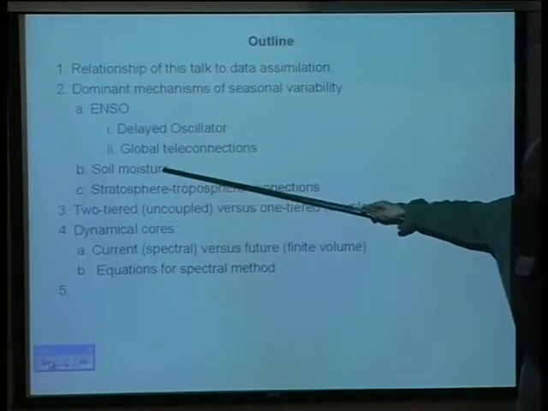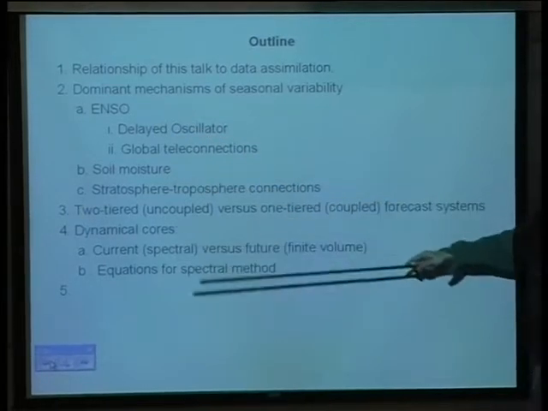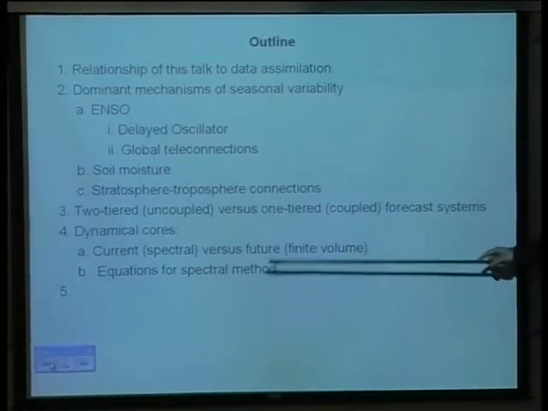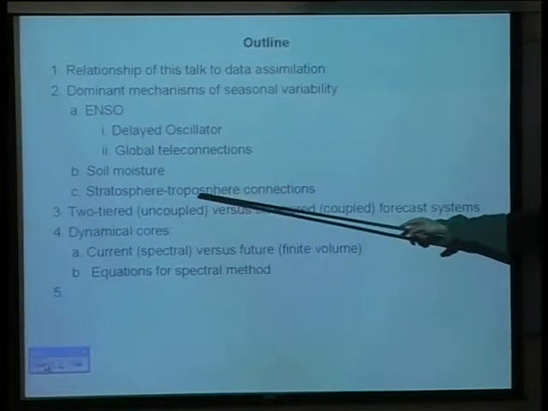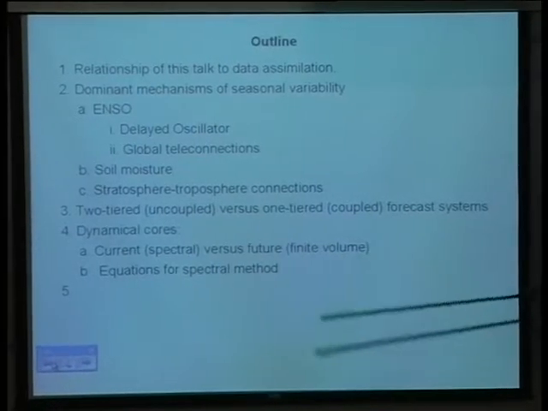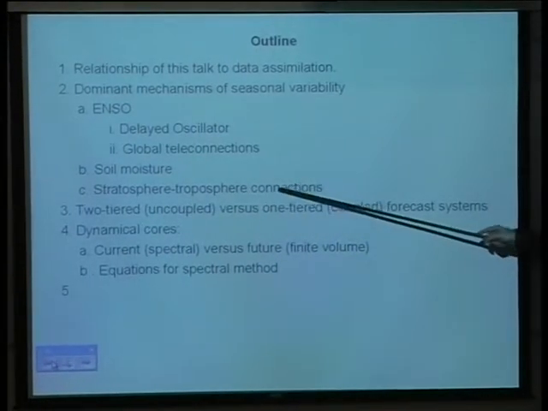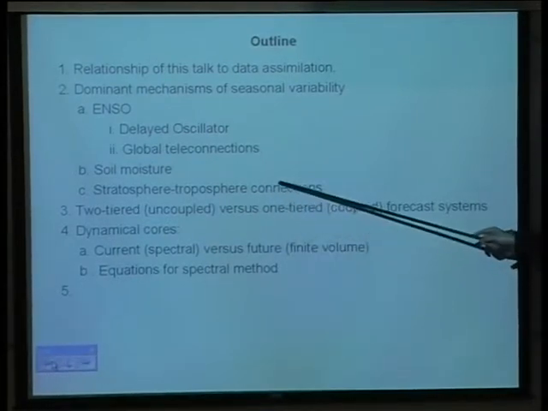So another important factor, although much less important than ENSO, is soil moisture. I'll talk a little bit about that. I'm not going to talk about this actually. I put this in originally. This is a hot topic right now, believe it or not, in seasonal forecasting: stratospheric-tropospheric connections, and so I'll just comment on that later.